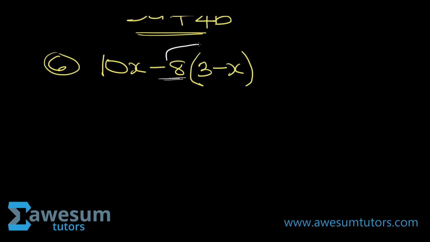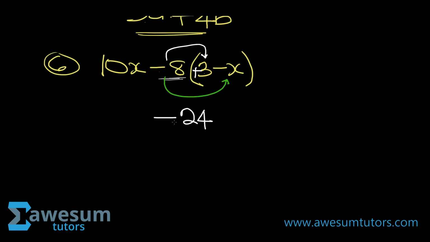So we are going to multiply this right here and also multiply this right here. Negative 8 times 3, and remember this 3 is a positive 3. So negative times positive, those are unlike signs. It's going to give me negative 8 times 3, which is 24.